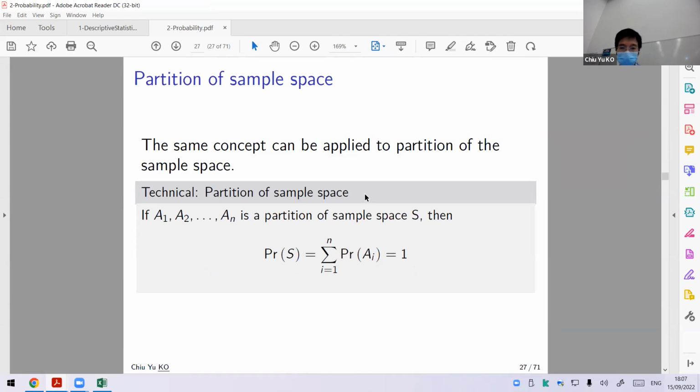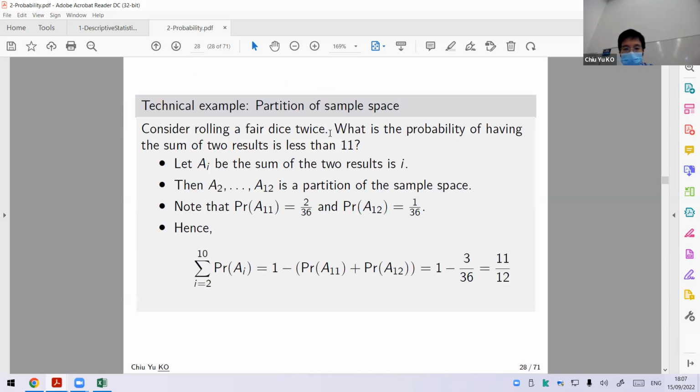It's just technical, in case you want to know, and then you can take a rest. In case we have a partition, meaning mutually exclusive and collectively exhaustive, the probabilities over the sample space, because mutually exclusive, add up to 1. And in that case, it's useful to look at this problem.